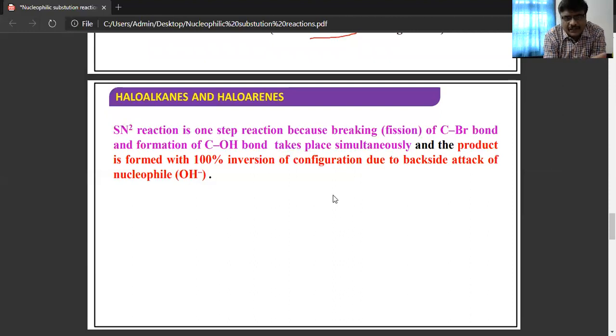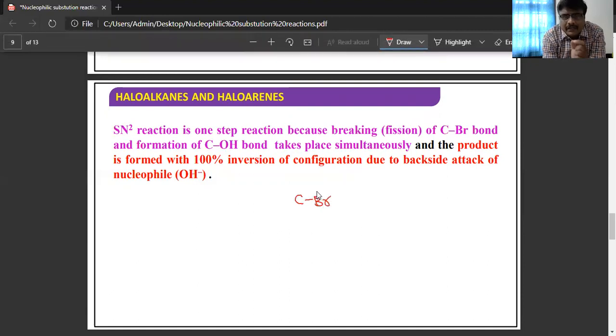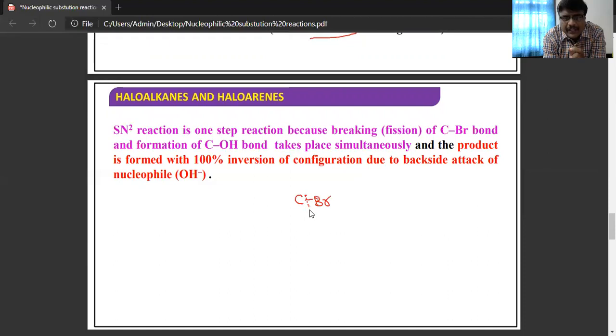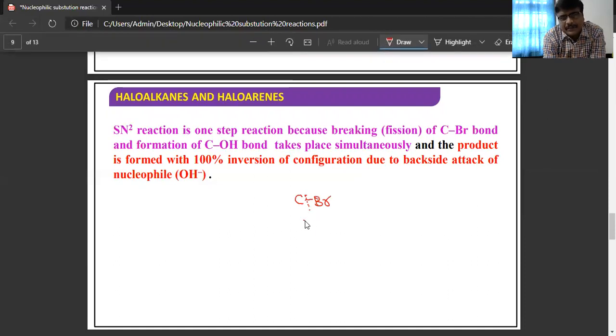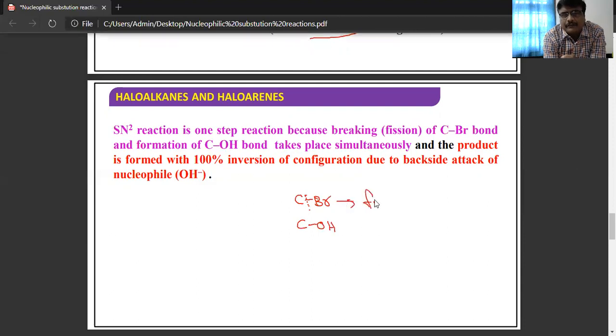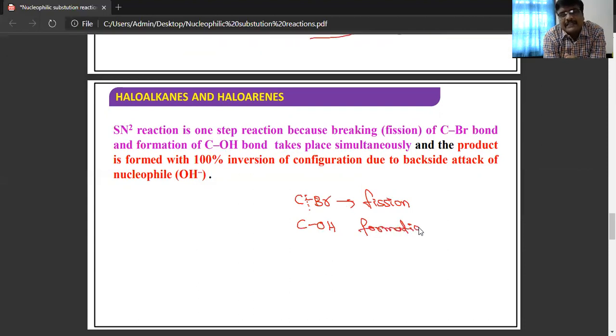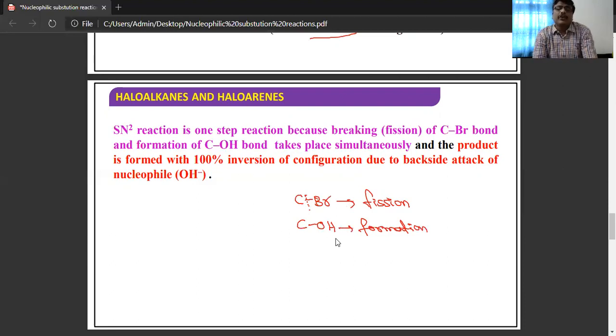Because when the C-Br bond undergoes fission, the C-OH bond formation takes place. That means the fission of C-Br and the formation of C-OH both take place at a time, simultaneously. So in one step the process is completed with 100% inversion of configuration.